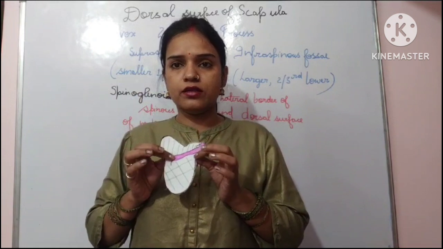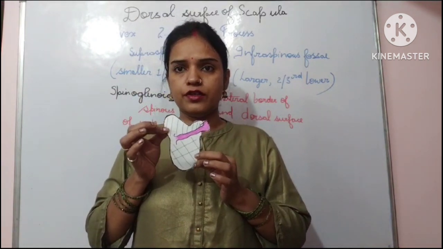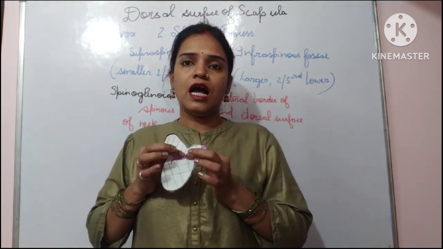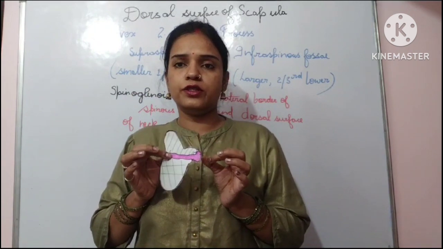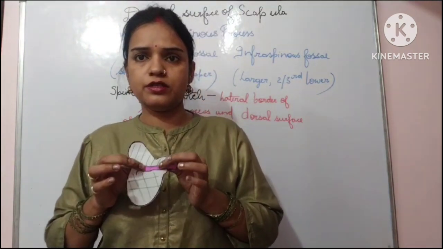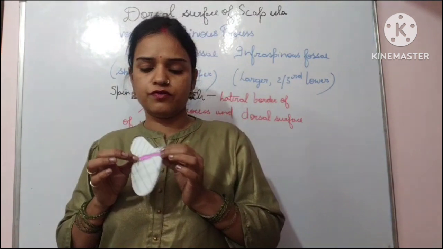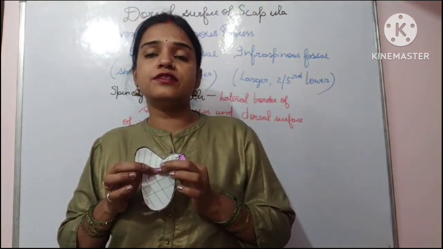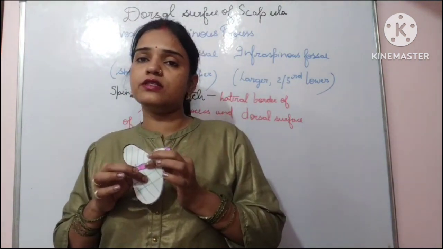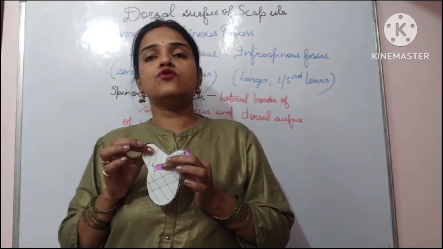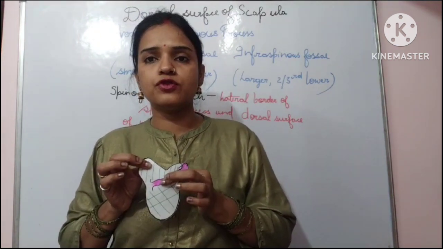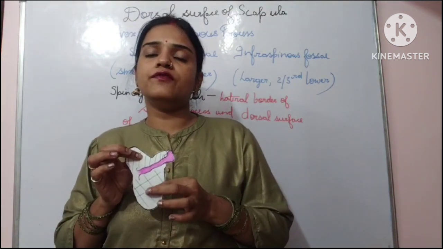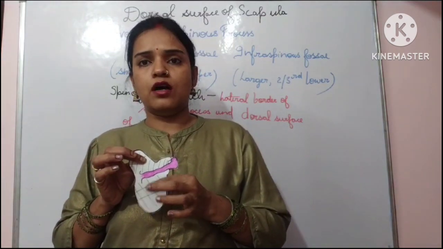You can see the dorsal surface drawn here, and this pink colored structure drawn in the center is the spinous process. I have already told it in previous videos, and this divides the dorsal surface of the scapula into the upper supraspinous fossa and the lower infraspinous fossa.